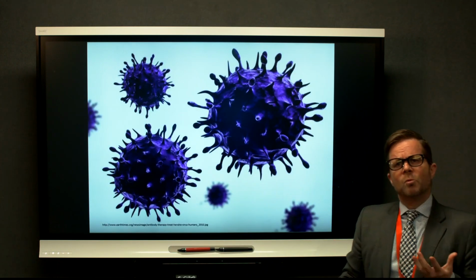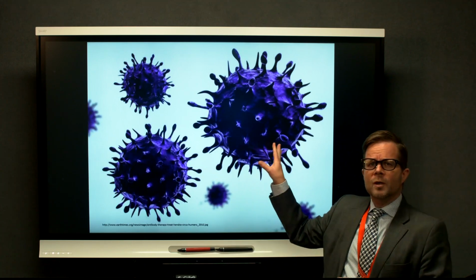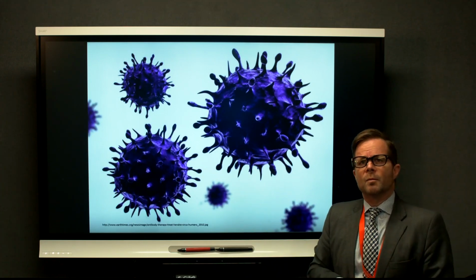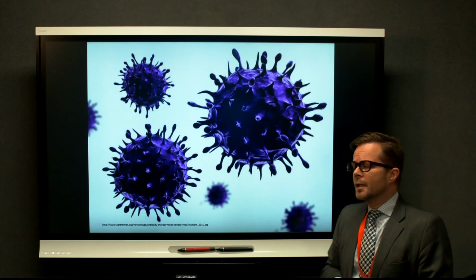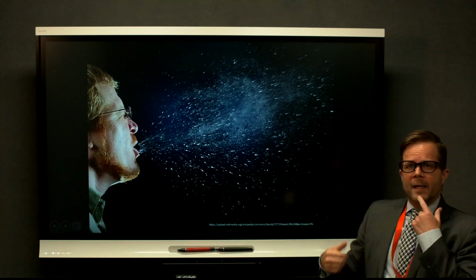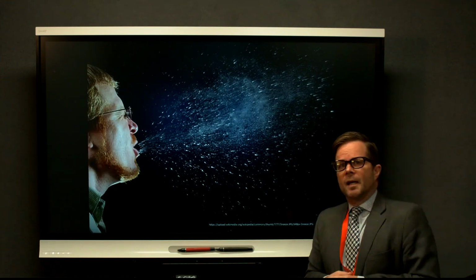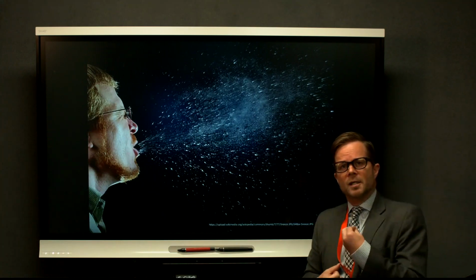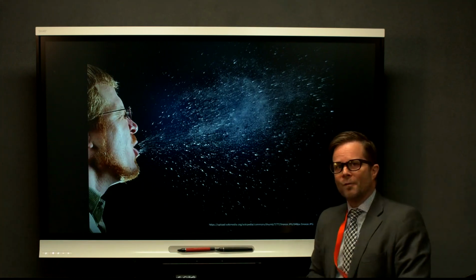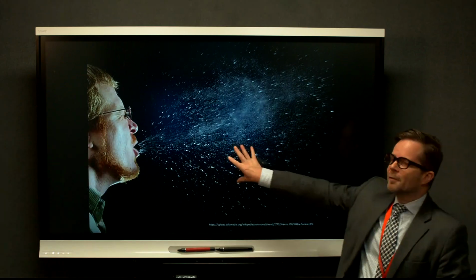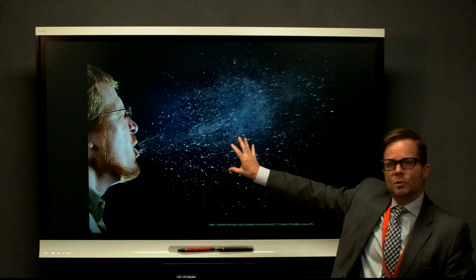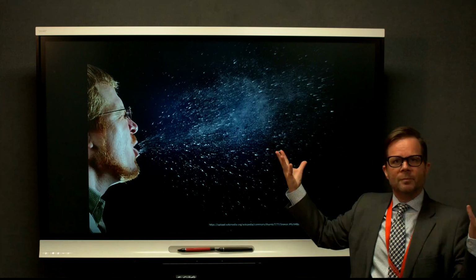Now, there are multiple ways in which infections, microorganisms, can be transmitted from one person to another. They can be transmitted via aerosols, so someone can cough or sneeze infectious agents from the respiratory tract into the air.